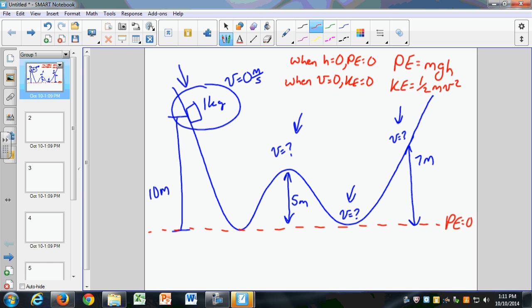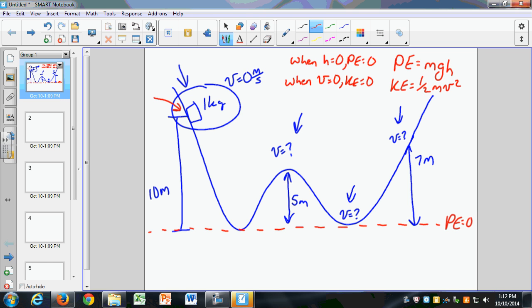The only position here where the velocity equals 0 is at this first location. That's where it's starting. I know that because if I let it go here, it has a certain amount of potential energy, but it has no kinetic energy. At this point, it's going to have some amount less potential energy.